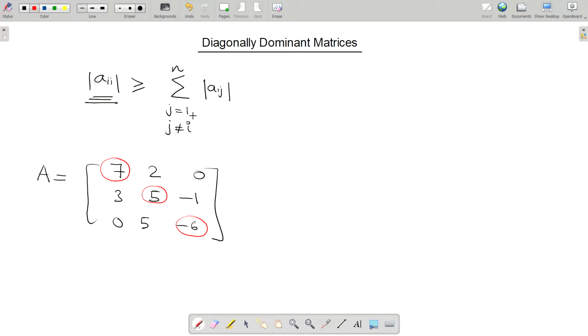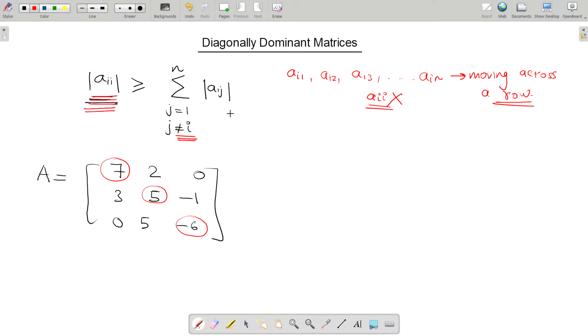So it gives a_i1, a_i2, a_i3 up until a_in. We are moving across a row, and we don't have to take the case of a_ii. The absolute value of the diagonal element should be greater than this sum.